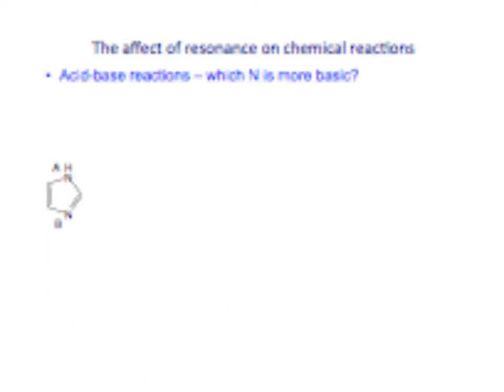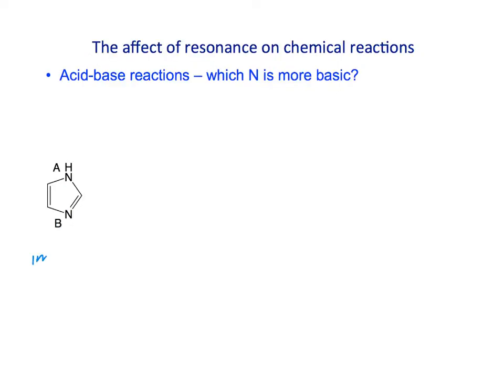One more acid-base reaction. Okay, this molecule is called imidazole, and it is a common organic base. It also is part of an amino acid. It's on the end of a chain in the amino acid histidine. Okay, so imidazole has 2 nitrogens.